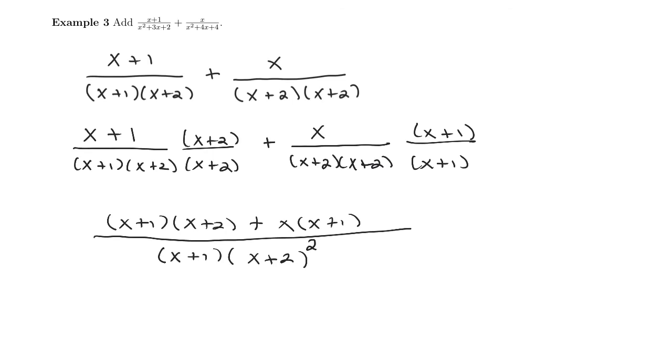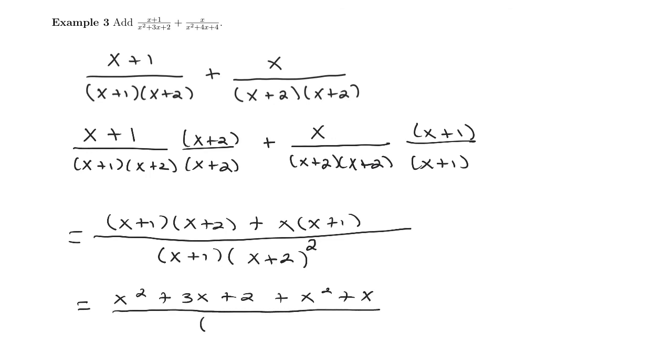I just have to multiply out the numerators and combine some like terms. So let's see. I get x squared plus 3x plus 2 plus x squared plus x, all divided by x plus 1 times x plus 2 squared.